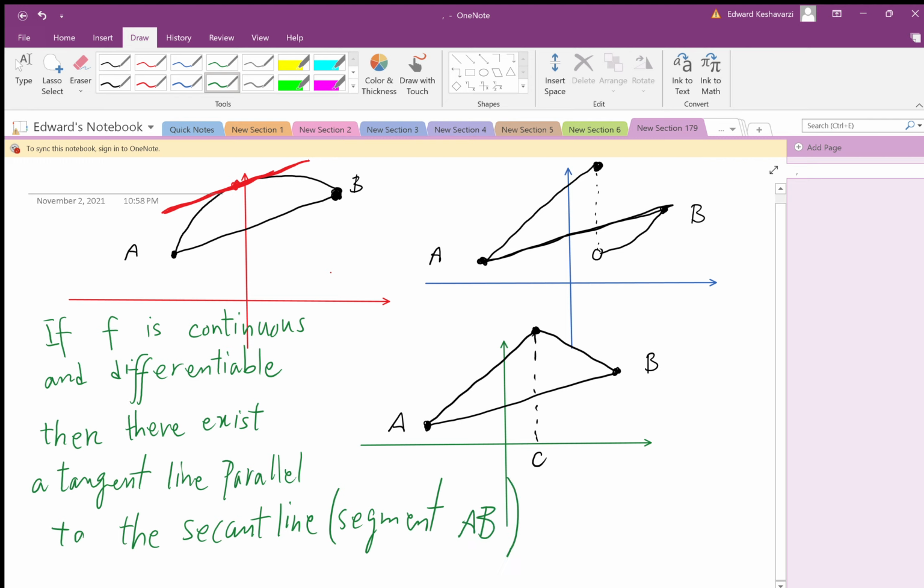So this existence of a point on the curve where the tangent line is parallel to AB is known as the mean value theorem.